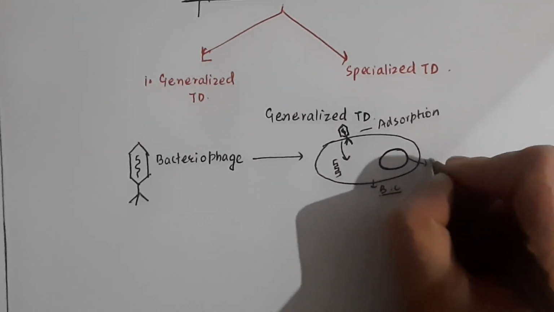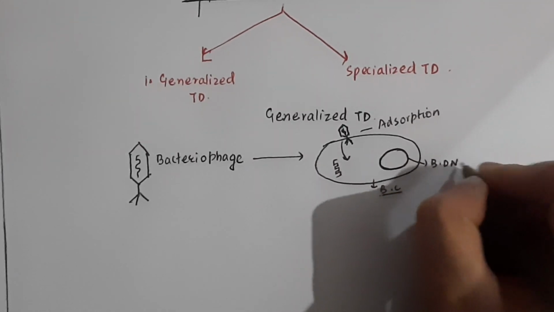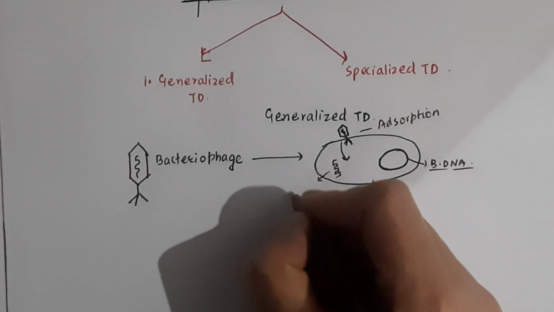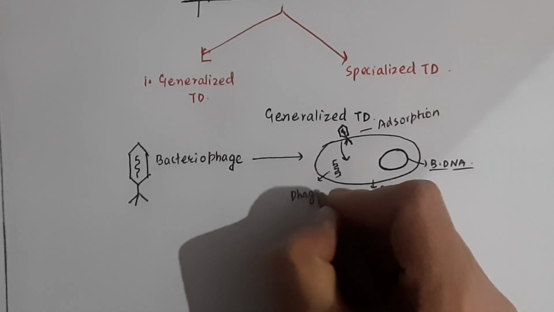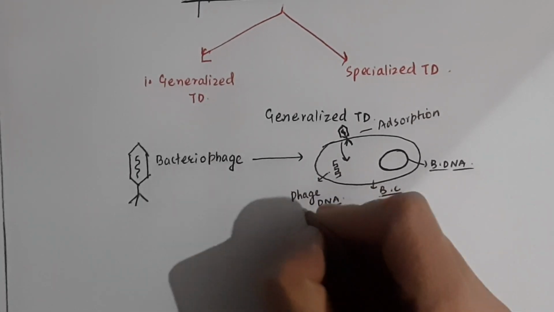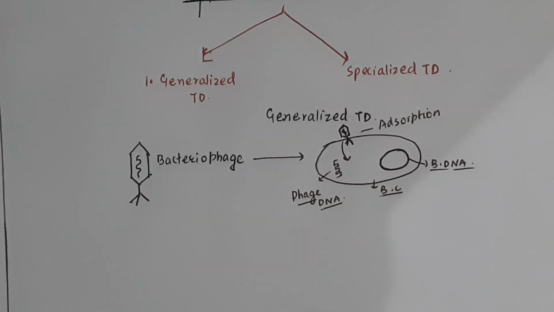This is bacterial DNA. We make it circular, and it is circular. And this is the phage DNA. After adsorption, phage DNA comes into the cytoplasm of the bacterial cell. What happens next?